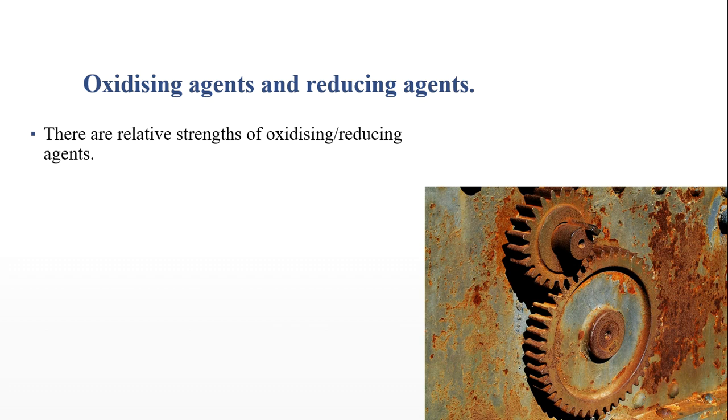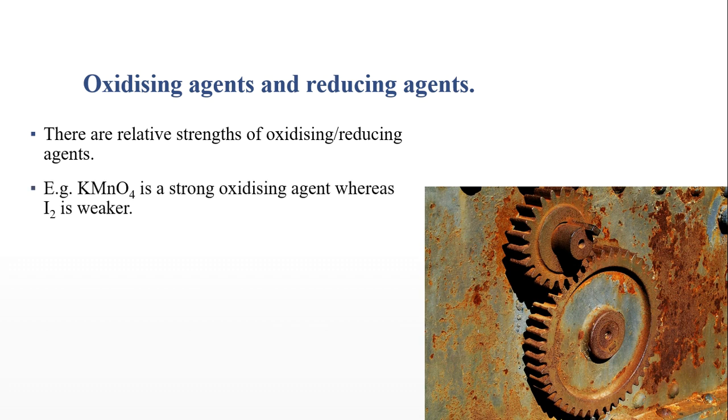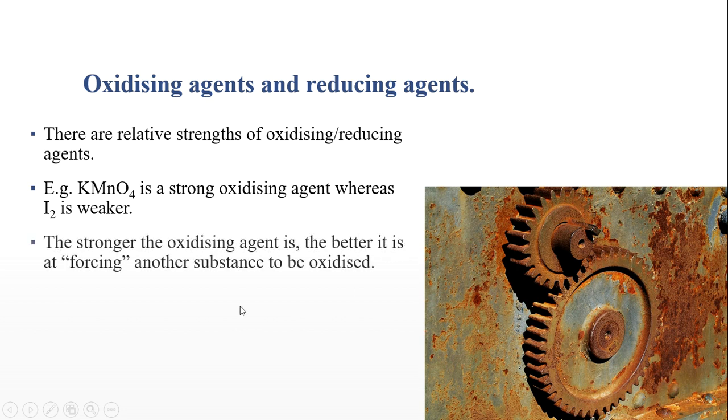And when we talk about oxidizing and reducing agents, it's not just either or, it's relative strengths. So we can talk about strong oxidizing agents or weak oxidizing agents. For example, potassium permanganate is a strong oxidizing agent, whereas iodine is a weaker oxidizing agent.